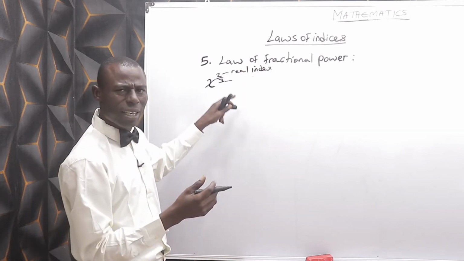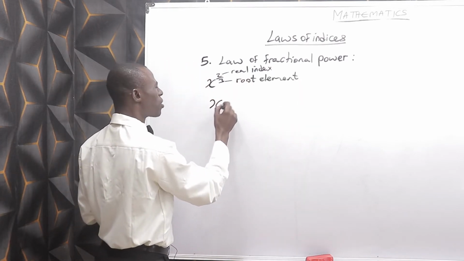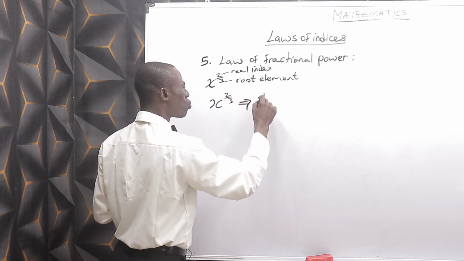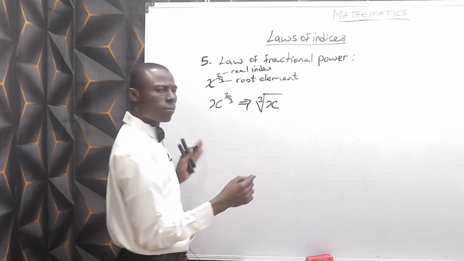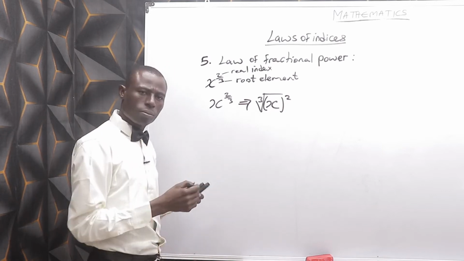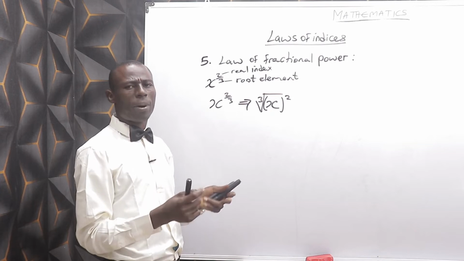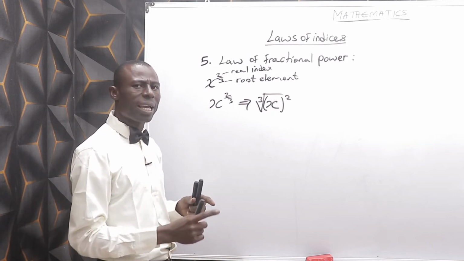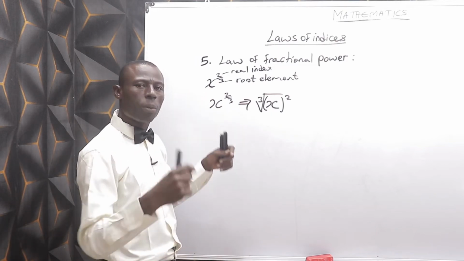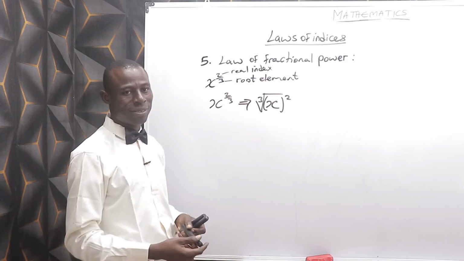Meanwhile, the 3 is the root element. Yes. So to say, x raised to power 2 over 3 means cube root of x, everything raised to power 2. The numerator of the fractional power really suggests the power, whereas the denominator of the fractional power suggests the root form of the number.